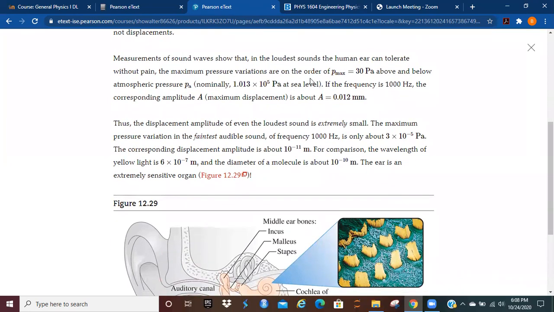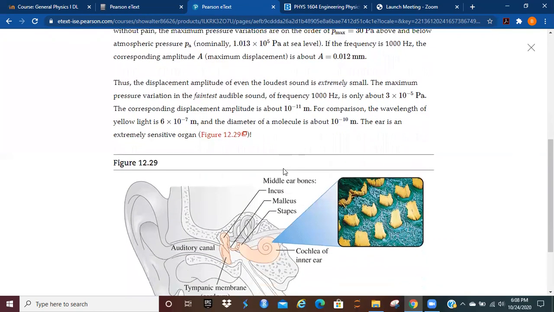Measurements of sound waves show that in the loudest sounds the human ear can tolerate without pain, the maximum pressure variations are on the order of 30 pascals above and below atmospheric pressure, which is 1.013 times 10 to the 5th pascals at sea level. If the frequency is 1000 hertz, the corresponding displacement amplitude is about 0.012 millimeters.